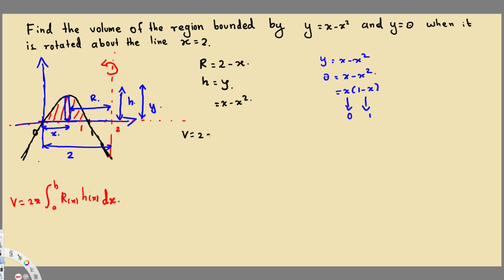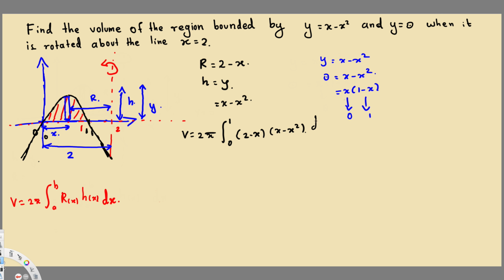V equals 2 pi integral. If we write everything in terms of x, the x-distance gives the limits of integration, so here it's from 0 to 1, since the region is from 0 to 1. Then the radius is 2 minus x, and the height is x minus x squared, dx.